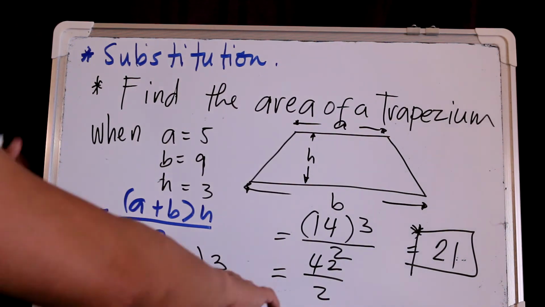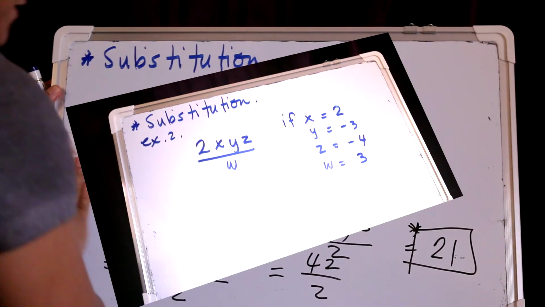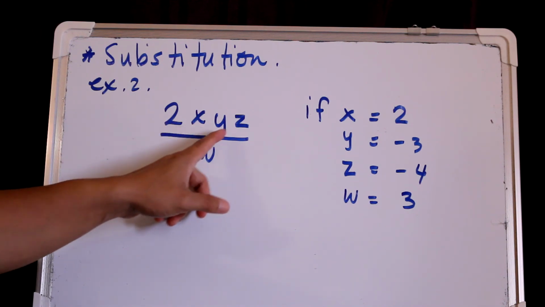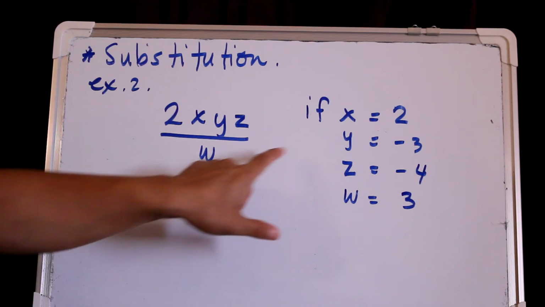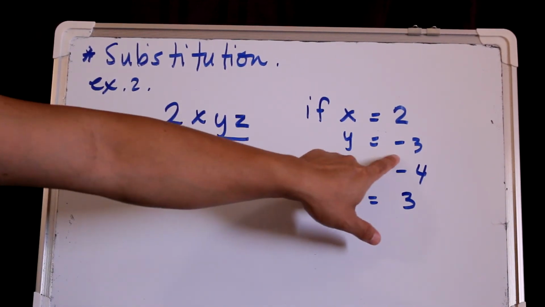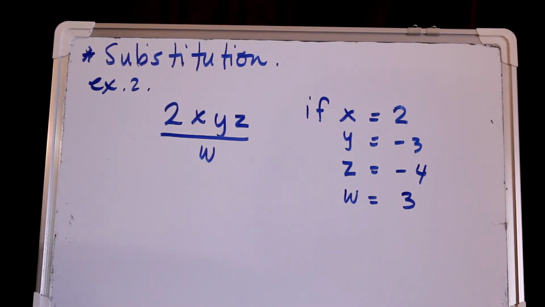Let's have a second example. Example number 2: 2xyz divided by w, if x equals 2, y equals -3, z equals -4, and w equals +3.